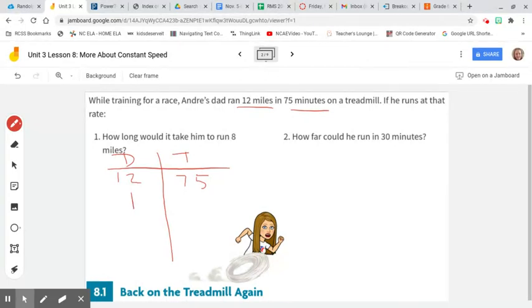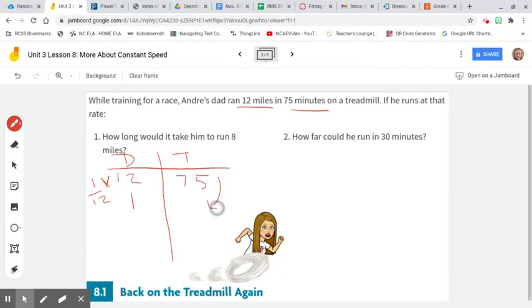Just like we have talked about before, how do we get from 12 to 1? Well, we have to multiply the 12 times 1/12, and that gives us the 1. What we do with the 12, we also have to do with the 75 for the time.